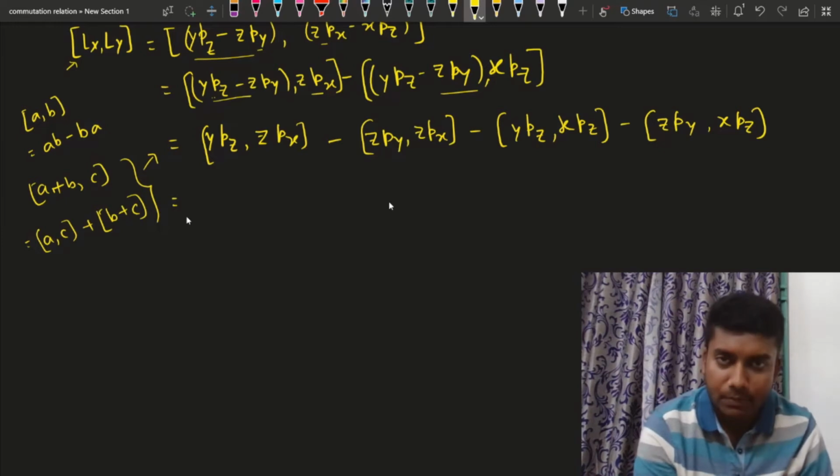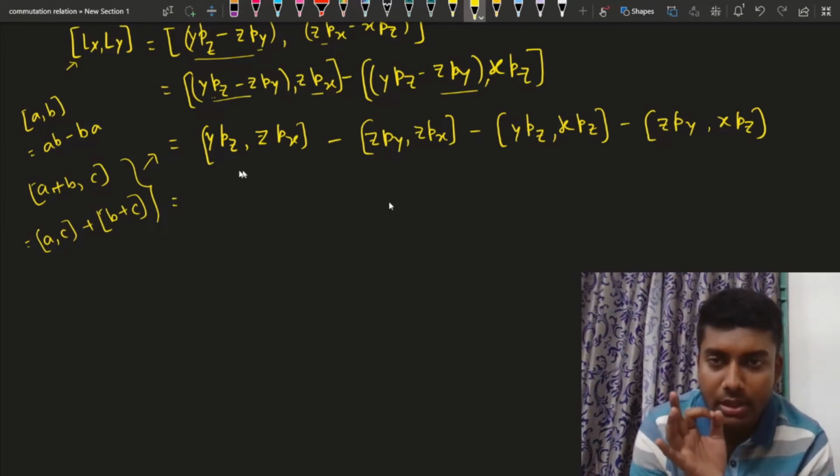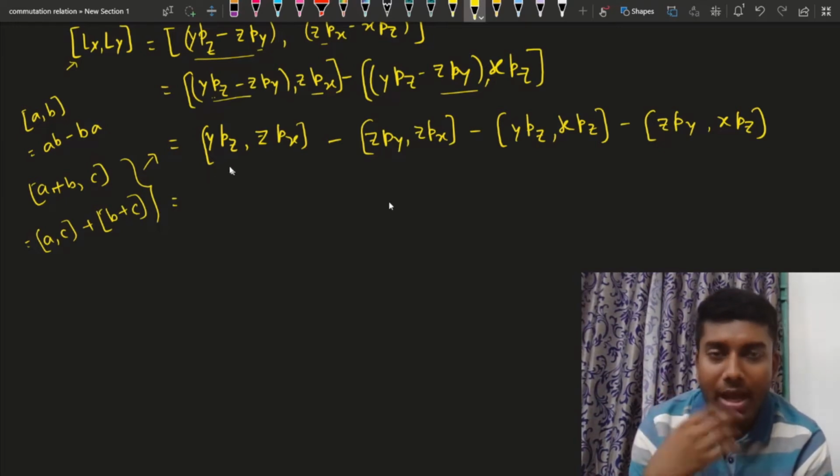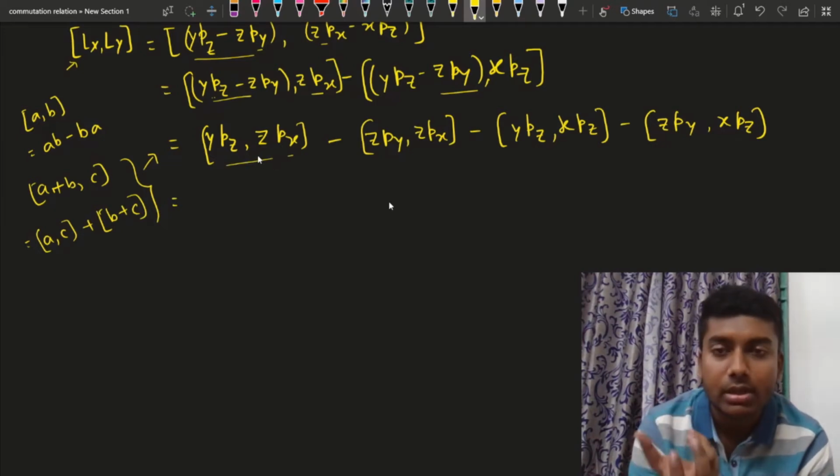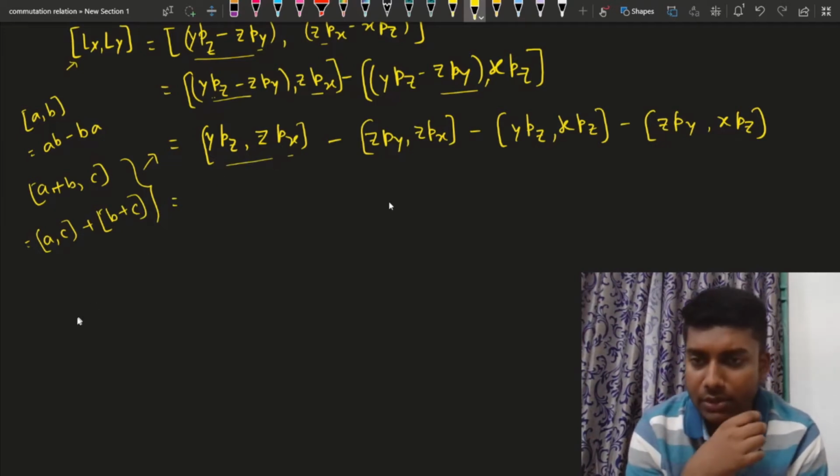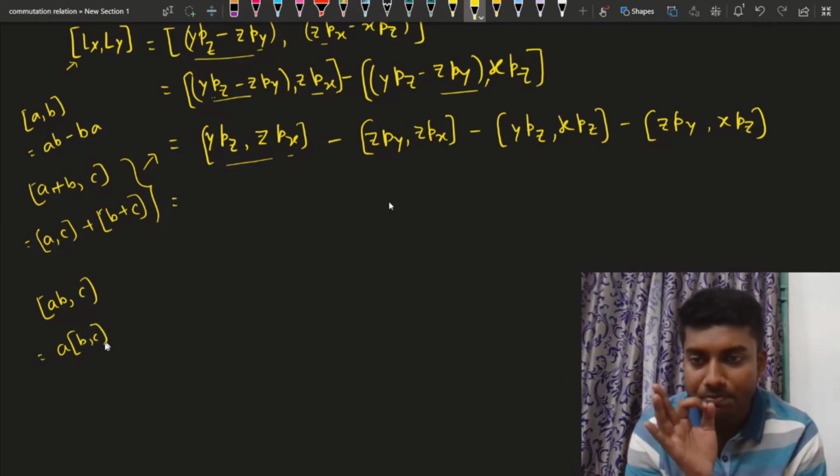Now for the sake of simplicity, I am denoting four things. Why am I denoting that? Because if we want to calculate this, we have to split it again. How can I split this? There is another relation: if we have AB comma C, then I can write A fixed, into B comma C, plus A comma C, with B outside.